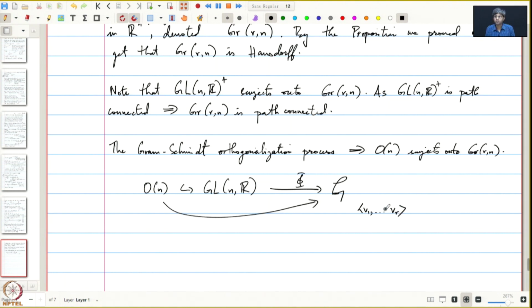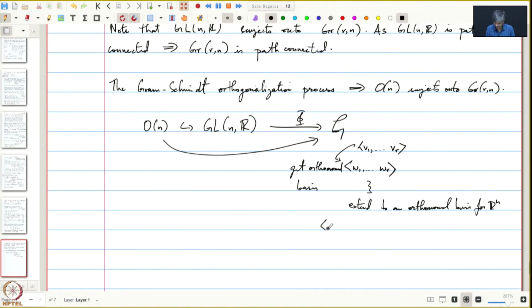Then applying the Gram-Schmidt orthogonalization process, we get an orthonormal basis for this subspace, and then we can extend it to an orthonormal basis for Rn.